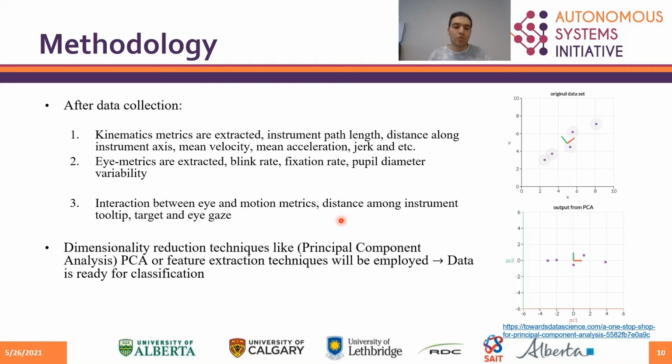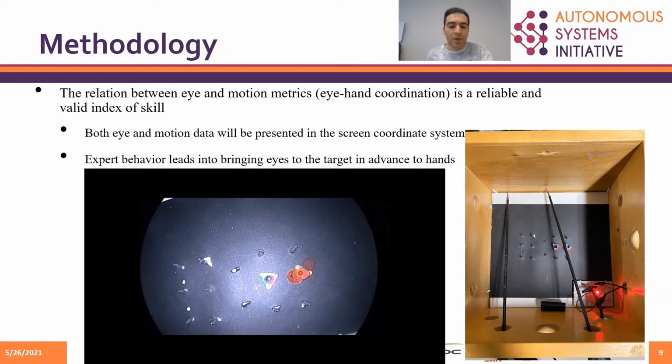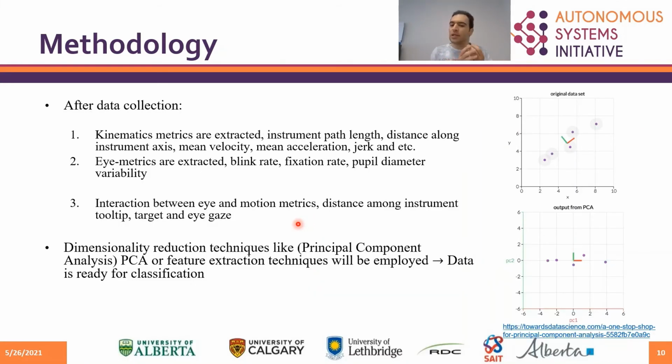As I told you, the interaction between eye and motion metrics is very important, and it shows the motor functionality skills, and I showed you in the previous slide. So we need to calculate the distance among instrument tooltip, target, and eye gaze. Eye gaze simply means the location that your eyes look at, if you don't know the meaning.